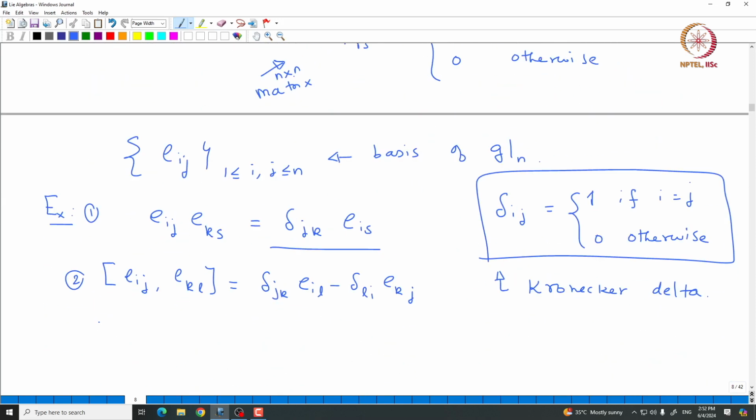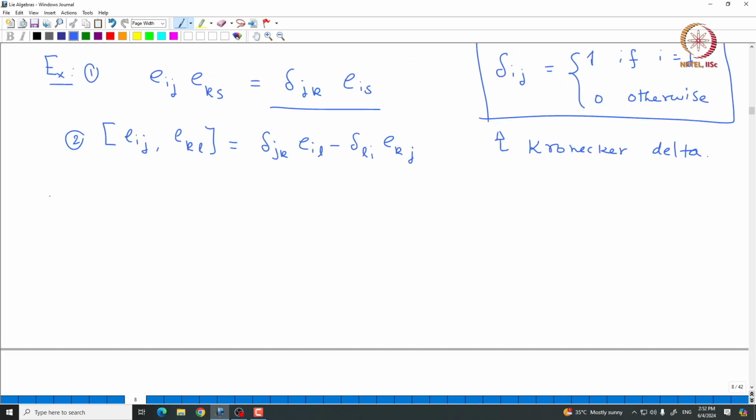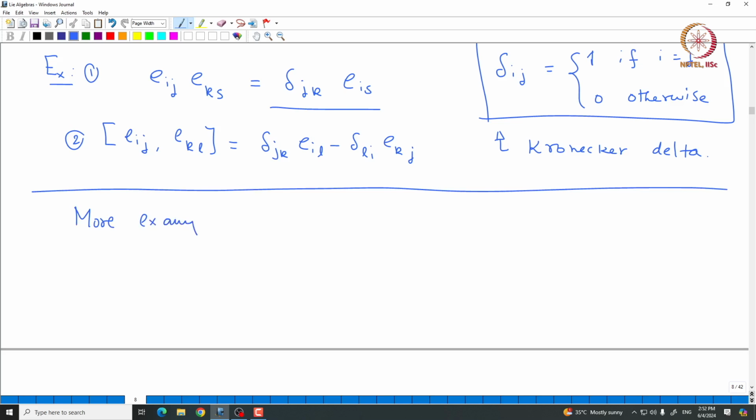Now we will see more examples of subalgebras of GL_n(C). They are naturally defined Lie subalgebras. Here are more examples of the most important subalgebras.